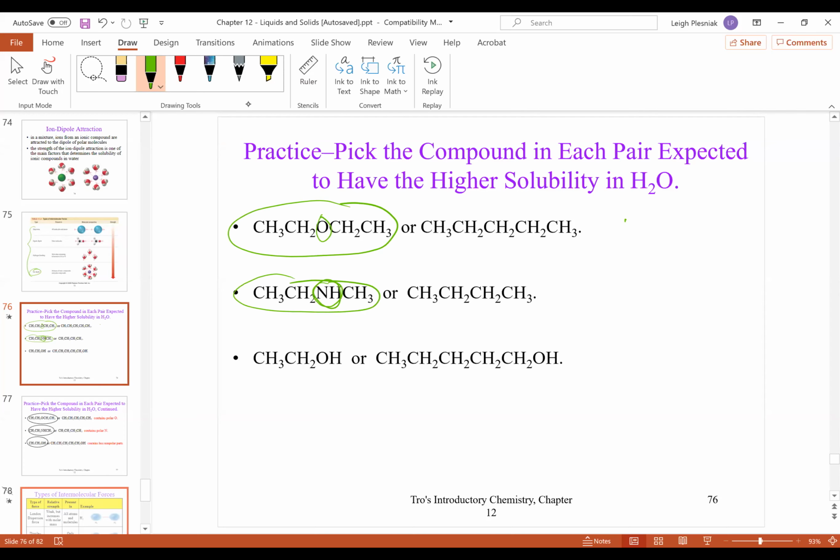This is pentanol. It's got a much larger non-polar part, and that part's polar. This has a non-polar part, the ethanol, but it's small relative to the polar part. So ethanol is going to be more soluble. Those are the kinds of questions that you'll find on the homework, and it'll all be similar to what I put on the exam.